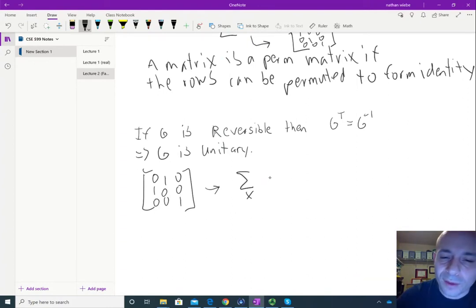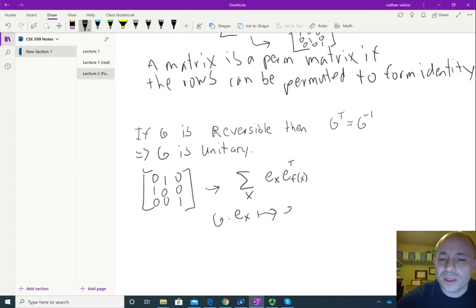And so we can write this as just the outer product, and I just want to make sure that I get the index right for this, of E x and E transpose f of x, where G maps E x to E f of x.